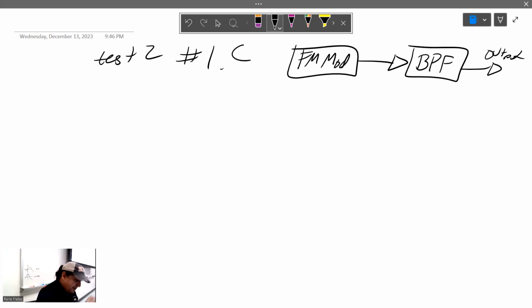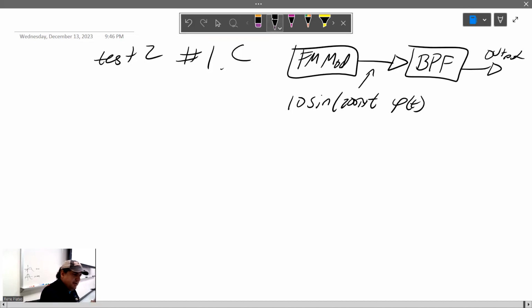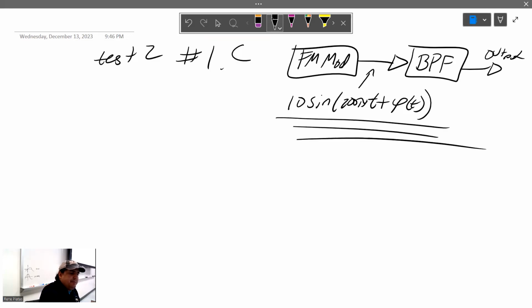The output right here is equal to 10 sine of 200 pi t plus this thing. We know automatically what the power is gonna be: 1/2 times 10 squared, which is equal to 50 watts. So there's 50 watts going into this bandpass filter.